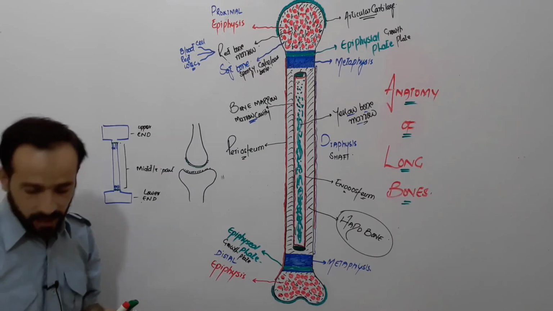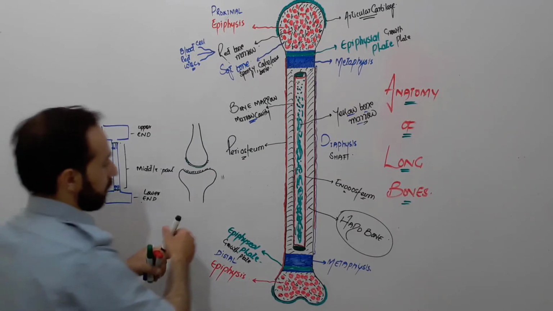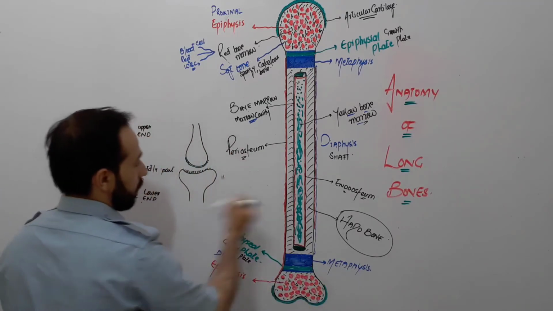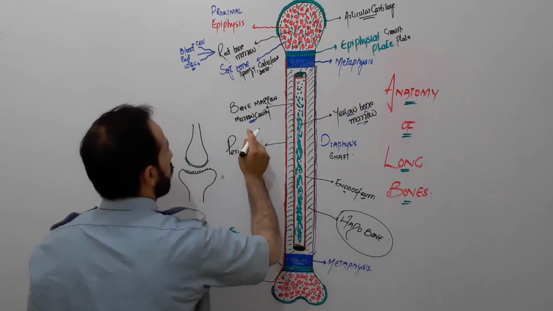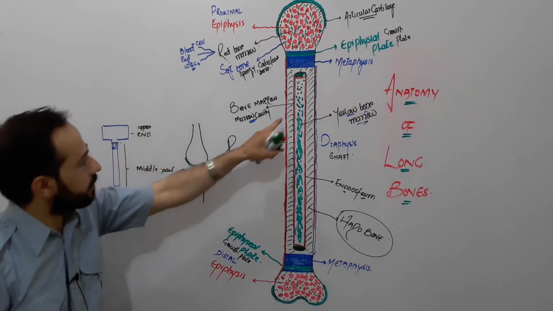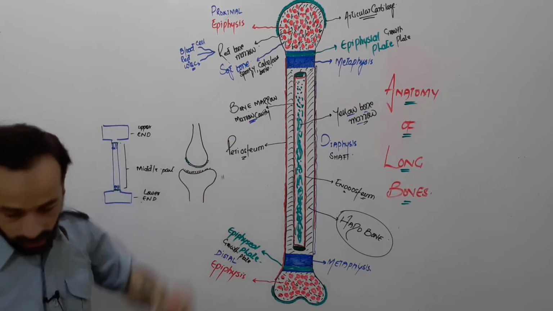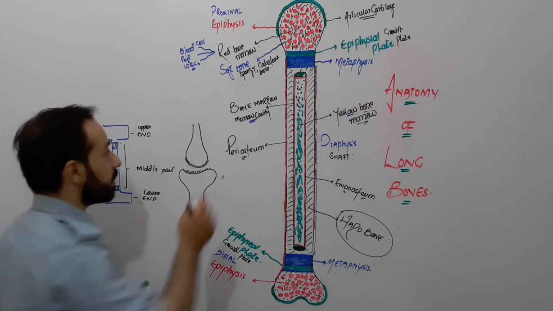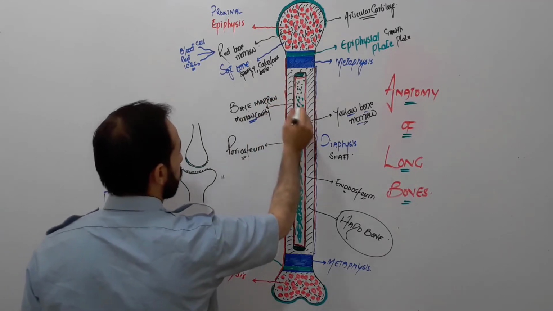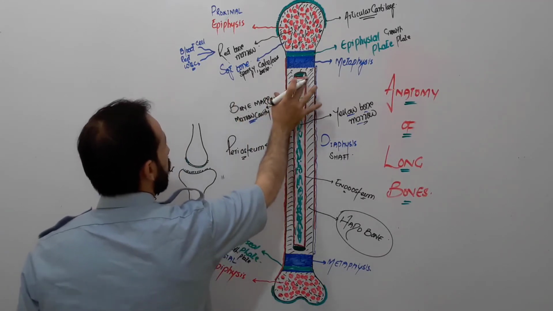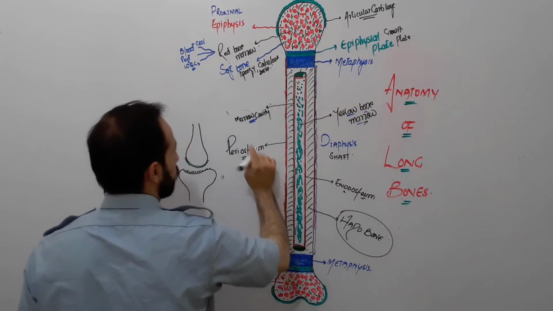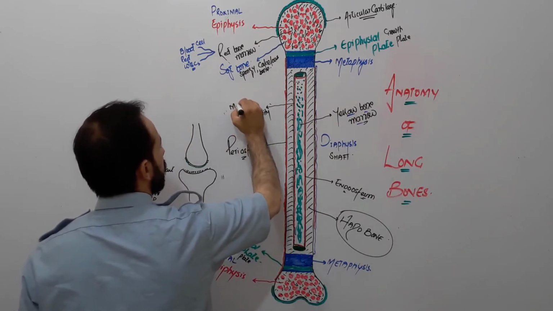So we say that there is the periosteum, there is the endosteum and the hard bone, and there is a cavity which is filled with the yellow bone marrow, and that is called the marrow cavity, or we call it the medullary cavity. Which bone marrow is present there? There is the yellow bone marrow.